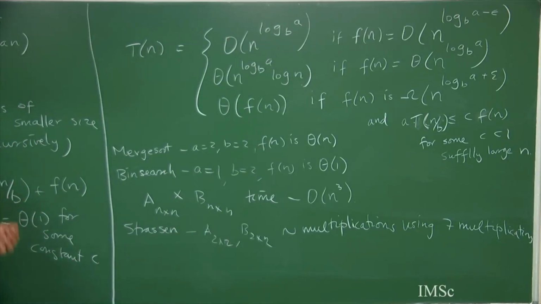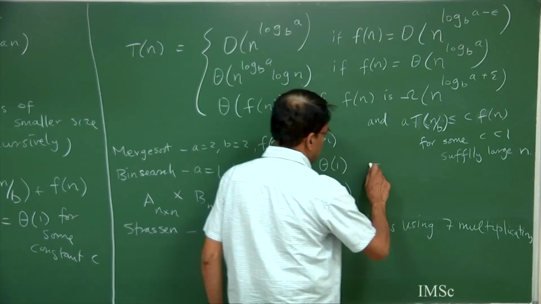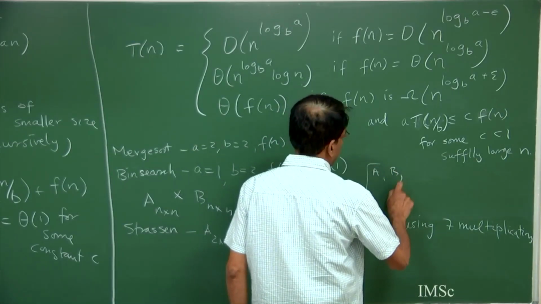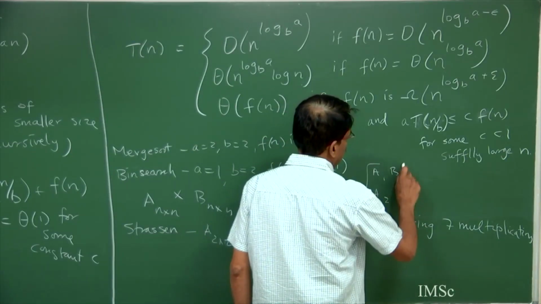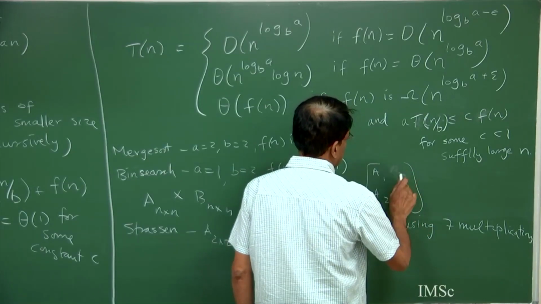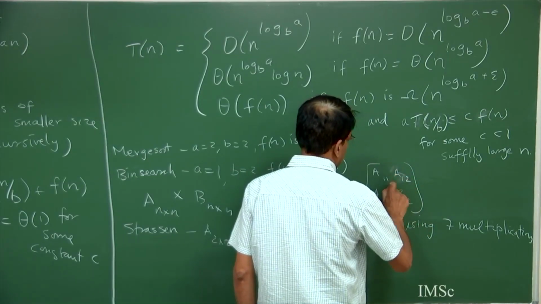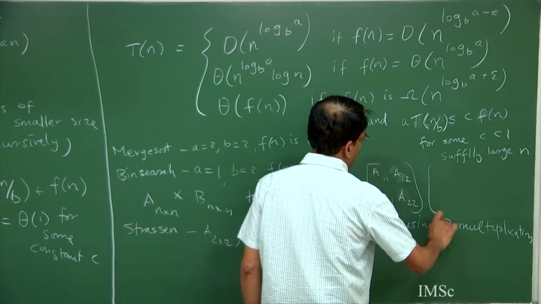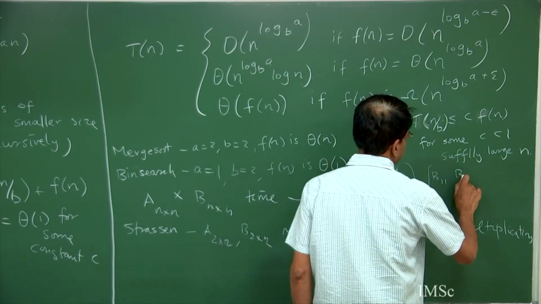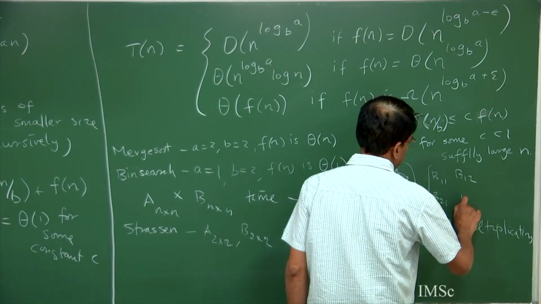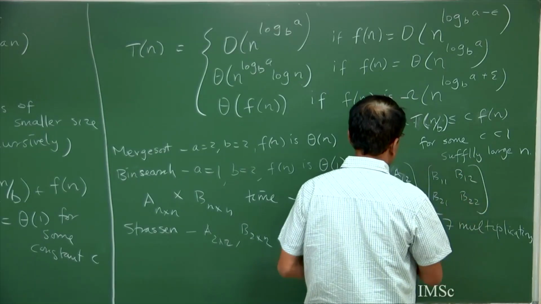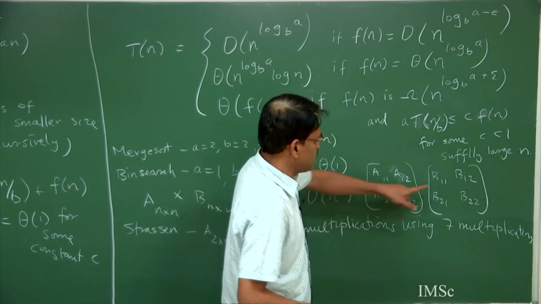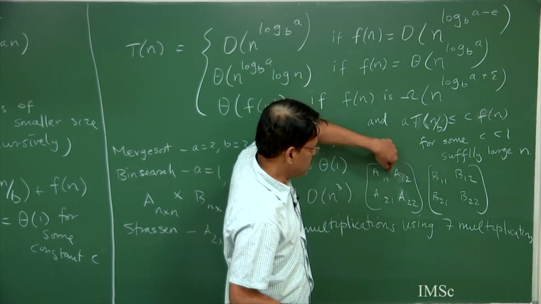For example, if you want to multiply, then A11 is multiplied by this, and similarly this.